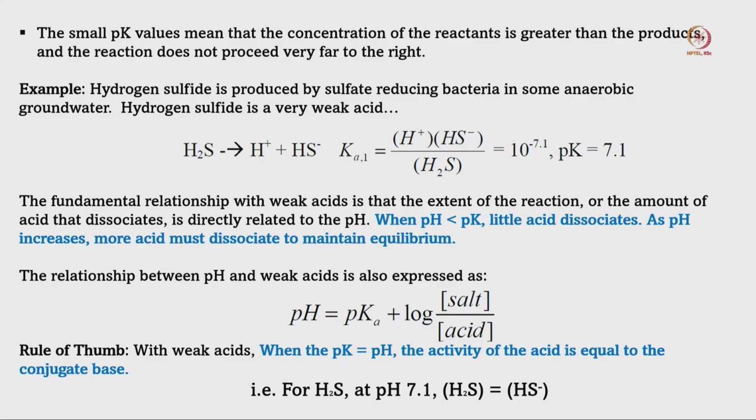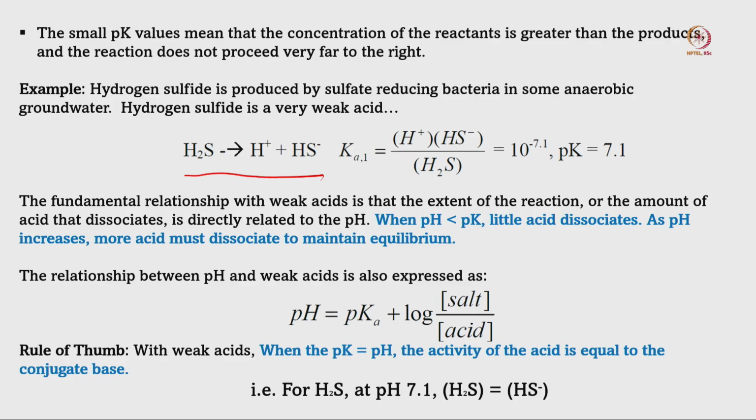An example of this is hydrogen sulfide, which is produced by sulfate reducing bacteria in anaerobic groundwater conditions.